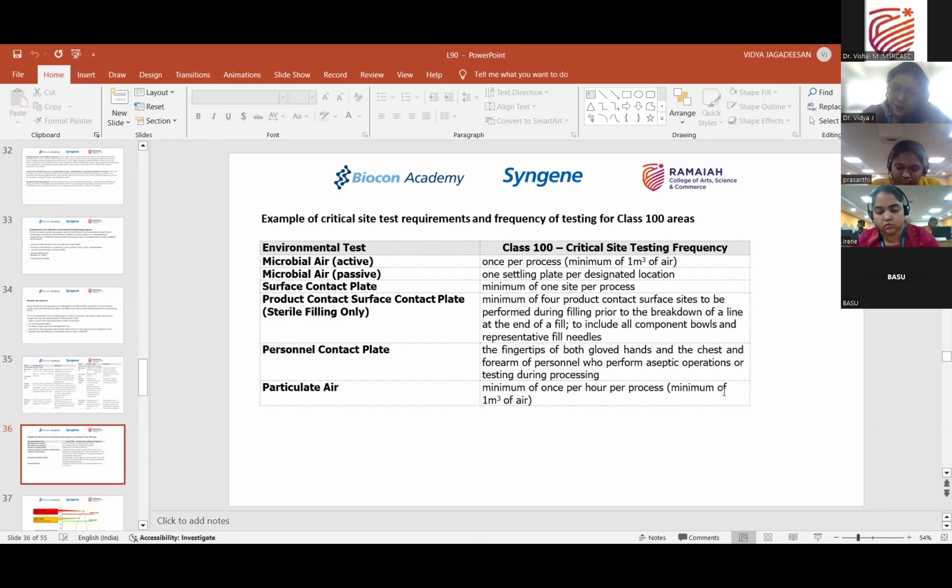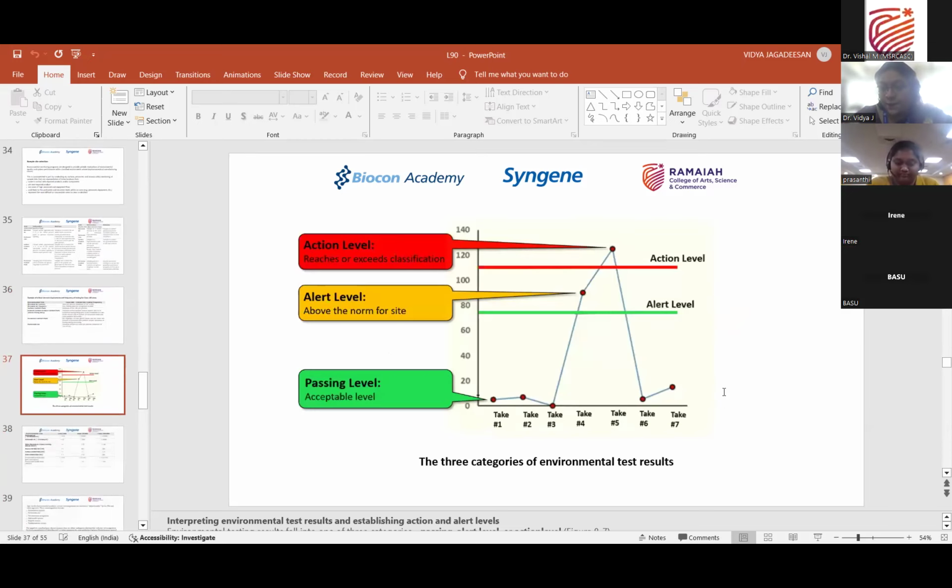You can just place a microbial plate there and check for growth later. Then surface contact plate, at least one site per process. These are the areas where you frequently keep going in and touching surface areas, so check for fingerprints. I think I've told you this many times. And particulate air, at least once per hour, you need to keep checking the particulate air.